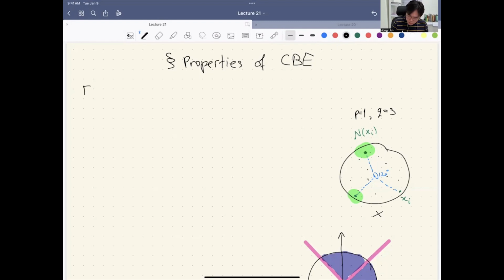So here's the first fact. This fact is a pure computation. Okay, let me sketch the proof. For any inner edge, if xi, xj form an edge, then their distance cannot be too close, 3 over q.